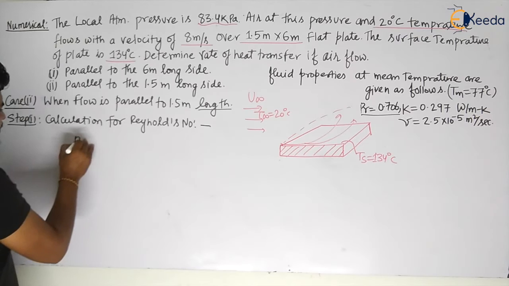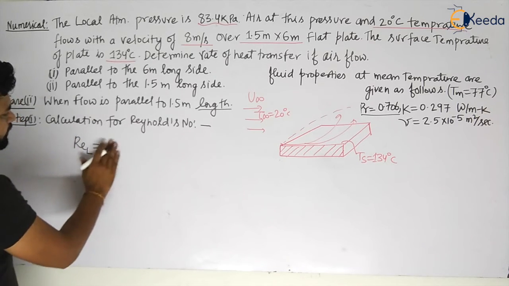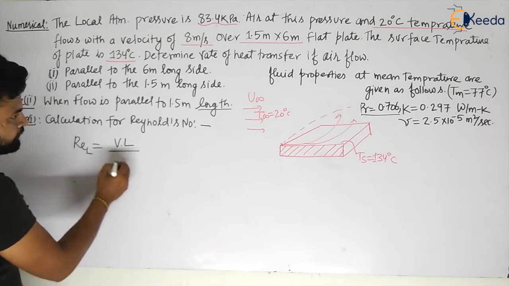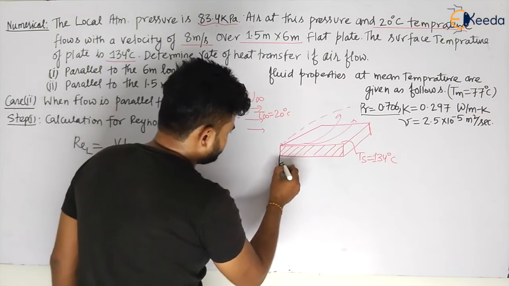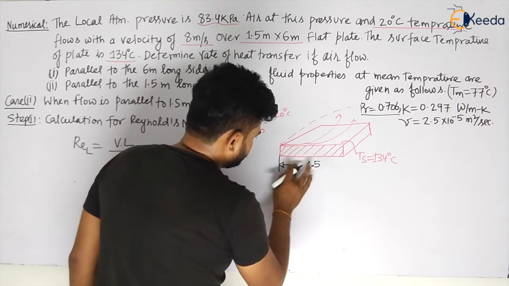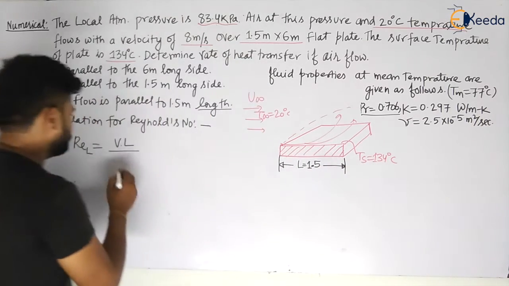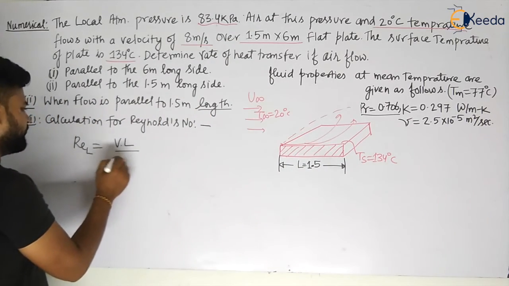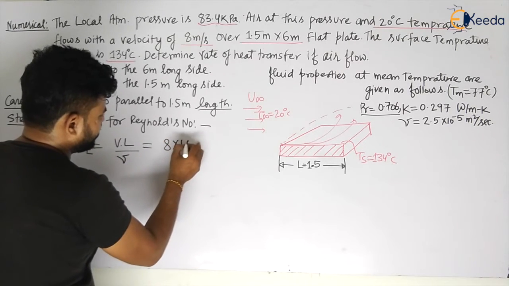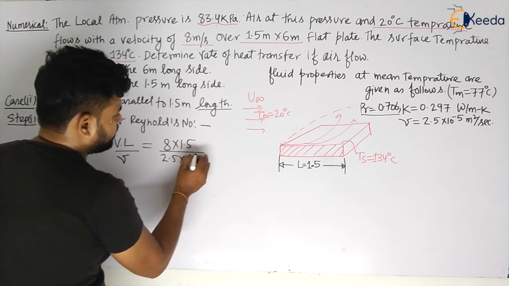So we know that Re_L is given by VL divided by nu, and now we are calculating with L equal to 1.5. So velocity is given to be 8, multiplied by 1.5, divided by nu, which is 2.5 into 10 to the power minus 5, my dear students.